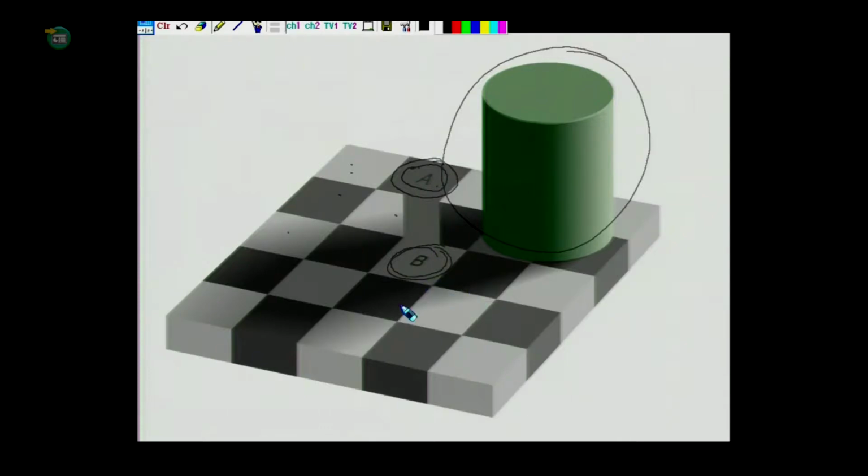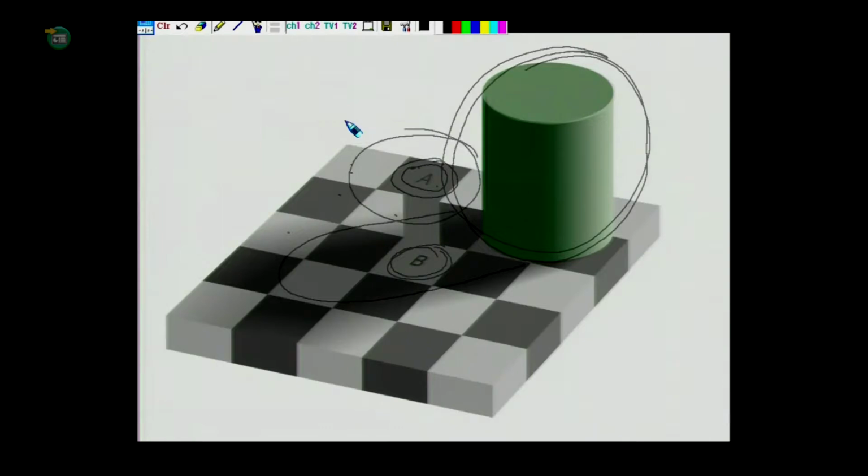But here, we have an object that is projecting a shadow. Oh, that makes sense, because B is white, but it's in the shadow, so it becomes gray. So our brain makes sense of it and gives us the conclusion. A is in the light, so it's brighter, right?